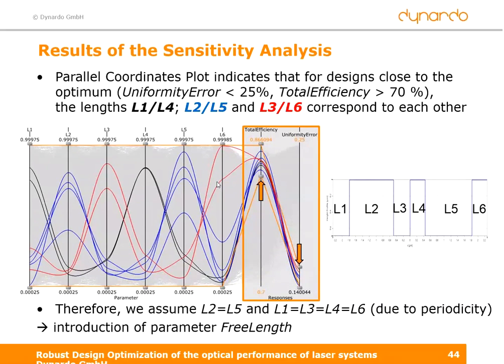So we assumed that L2 is equal to L5. Due to periodicity, it doesn't matter if we say L1 is equal to L4, or we just say L2 is equal to L5, and the others are also equal to each other. By doing that, we could introduce only one parameter, called free length, instead of these 5 parameters.